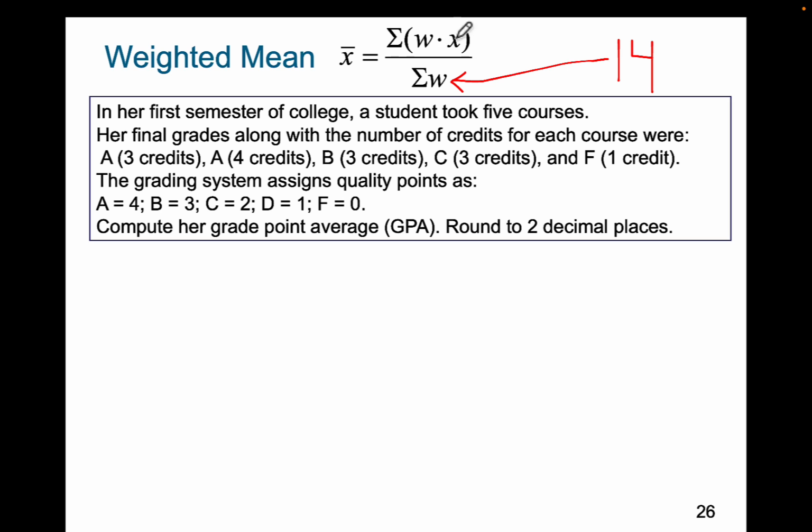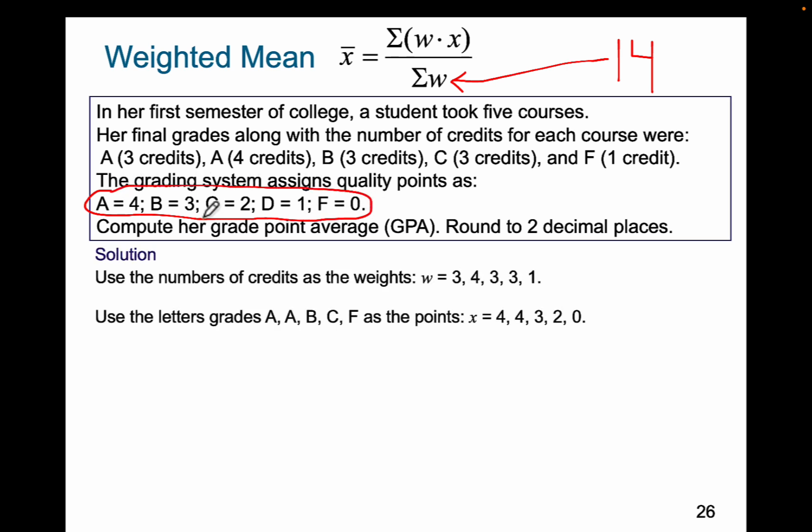Well, to multiply by a letter grade, we need to give the letter grades points. So we're going to make A's worth 4, B's are 3, C's are 2, D's are 1, and F's are 0. Okay, so what we have for our solution is the number of credits. Those are the weights. We know that the summation of the weights, or the denominator, is 14.